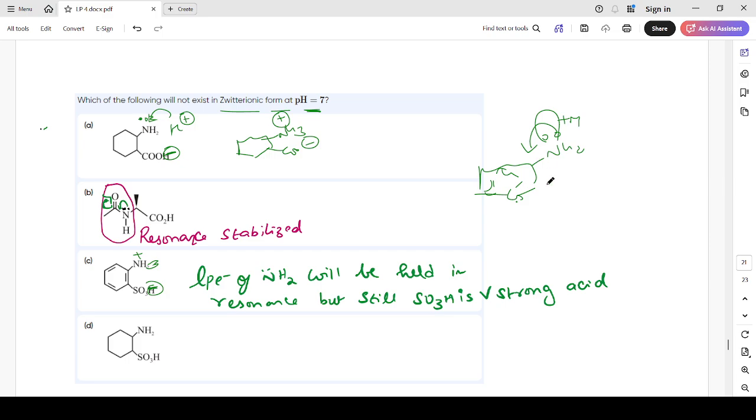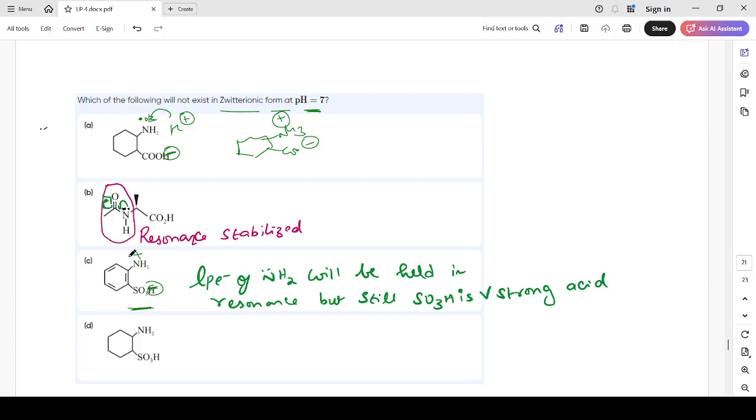Am I right? Asli, do you understand? Yes, ma'am. Right. But still, sulfonic acid is quite a strong acid. It is not going to wait for the chance to abstract this H plus.